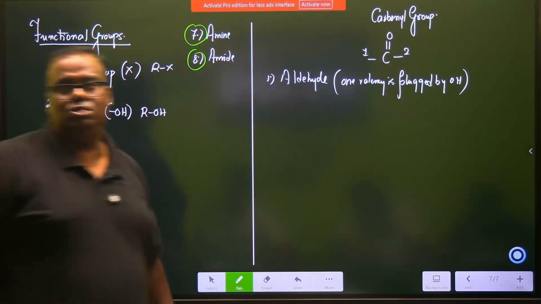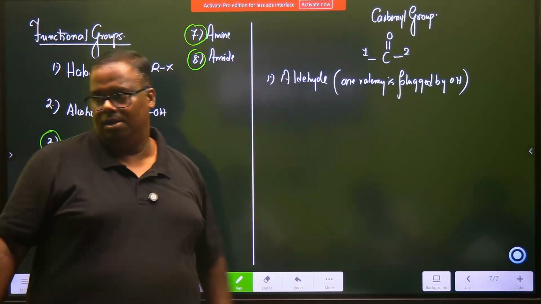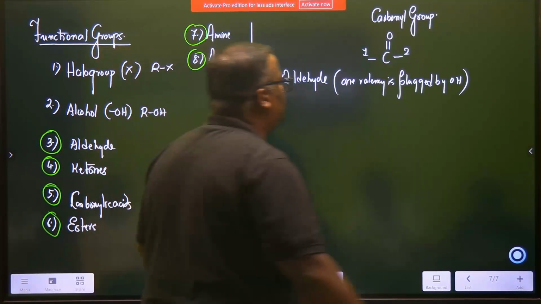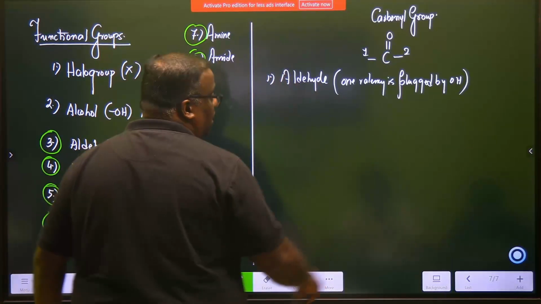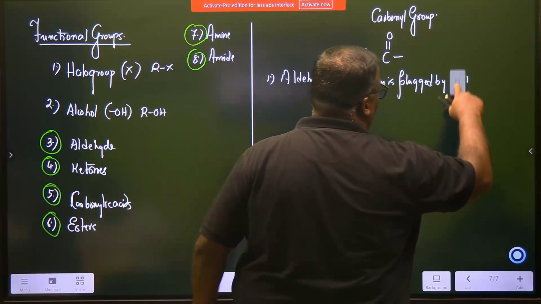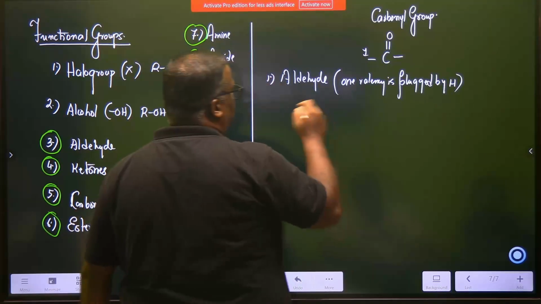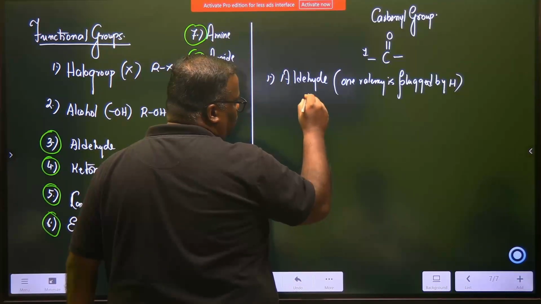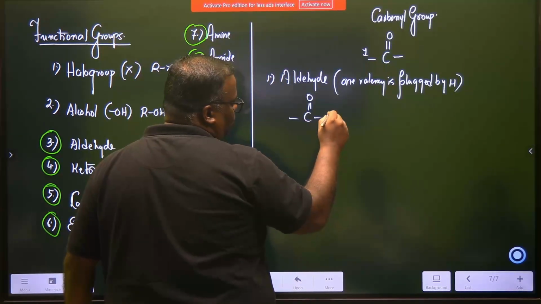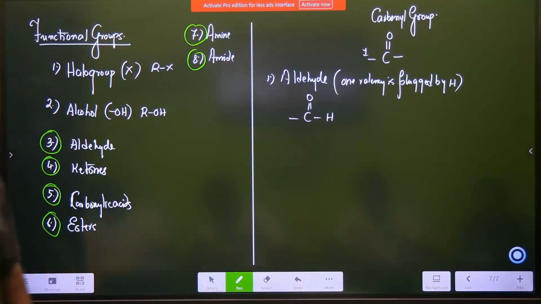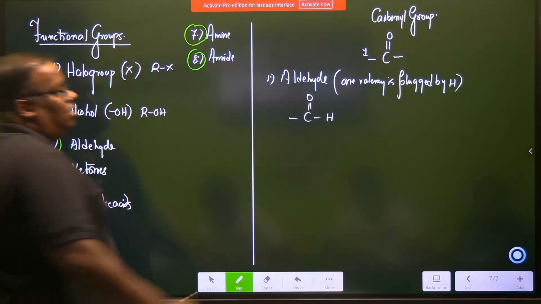Any one valency is plugged by what? Not OH, sorry. H. I'm so sorry. So how does it look? It will have a carbonyl group with a double bond and you're filling a hydrogen out here.